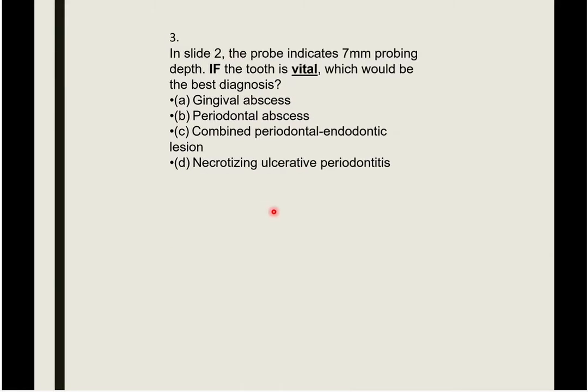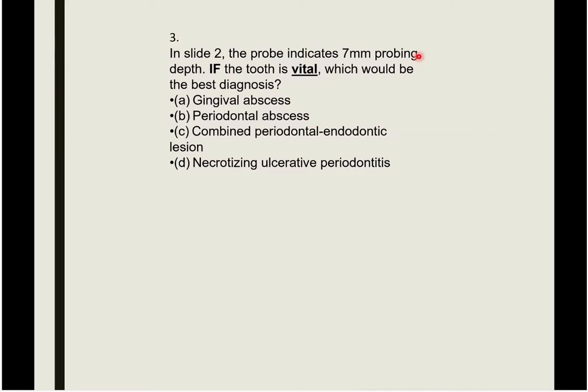And moving on, if that probe registers 7 millimeters and the tooth is vital, what would the best diagnosis be? And hopefully the correct response being a periodontal abscess, because the tooth is vital.